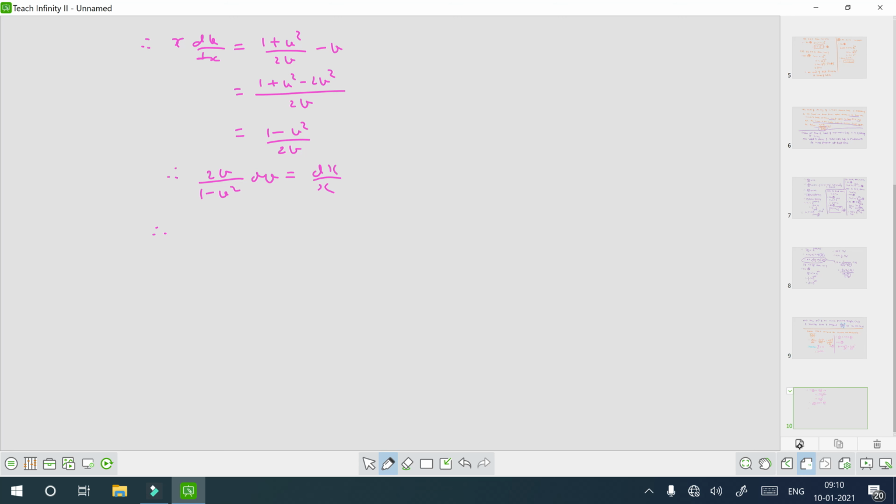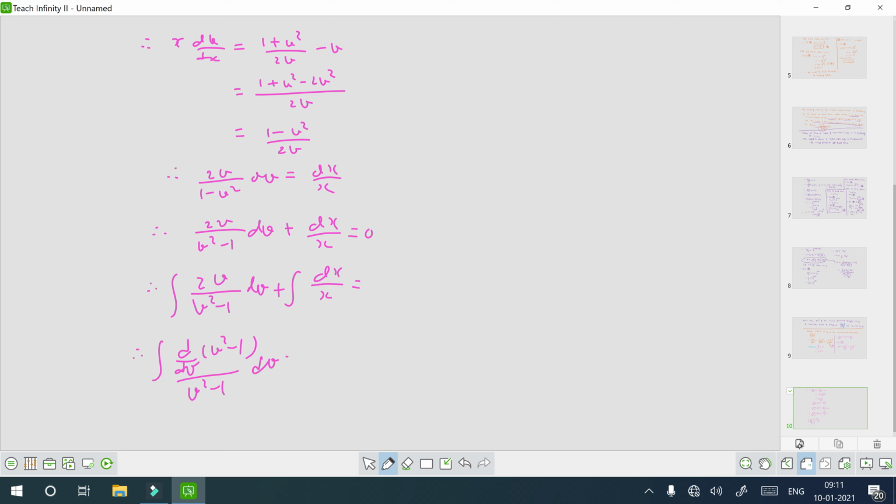So can I write it? 2v over v square minus 1 into dv plus dx by x is equal to 0. Yes, we can write it. Now it is easy to integrate. Integral 2v over v square minus 1 dv plus integral dx by x is equal to some constant. Here derivative of denominator quantity is in numerator, so it is in terms of log, and of course this integral is in terms of log, so put log mod c.